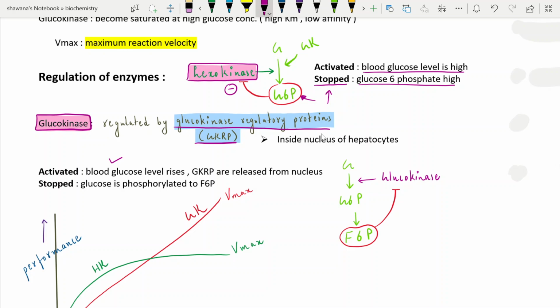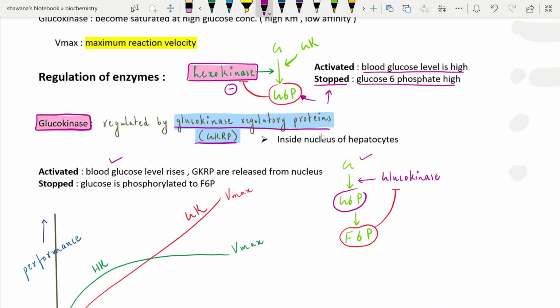and they are present on the surfaces of the cell, and they regulate the glucokinase to work. When the blood glucose level rises, these glucokinase regulatory proteins regulate the glucokinase to convert glucose to G6P. And glucokinase activity stops when G6P converts into fructose 6 phosphate.